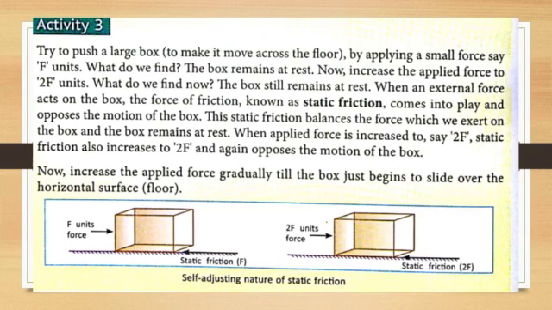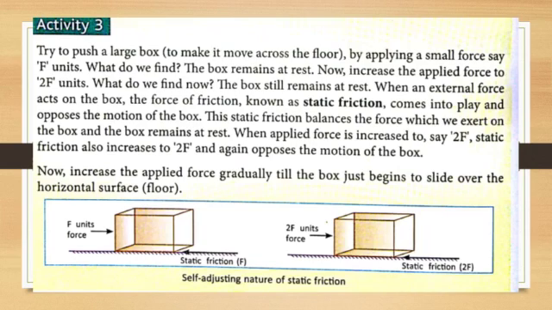It means static friction is the friction which comes into play when a force is applied on an object and it does not move. The force which opposes the movement of the object is static friction. This static friction balances the force which we exert on the box, and the box remains at rest.